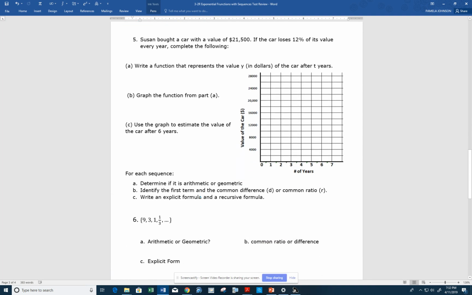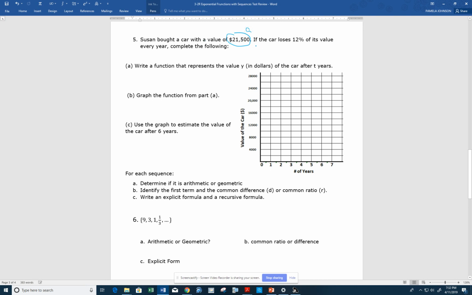All right. Question number 5. Susan bought a car with a value of $21,500. If the car loses 12% of its value every year, then we're going to complete the rest of this information. So bought a car with a value of $21,500.